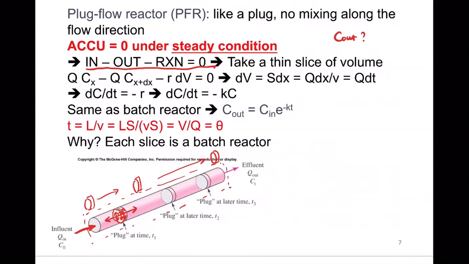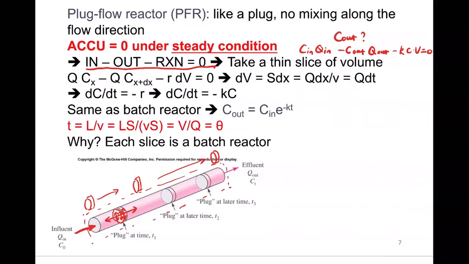So this means C in Q in, minus C out Q out, minus the reaction term, K C multiplied by V, is equal to 0.